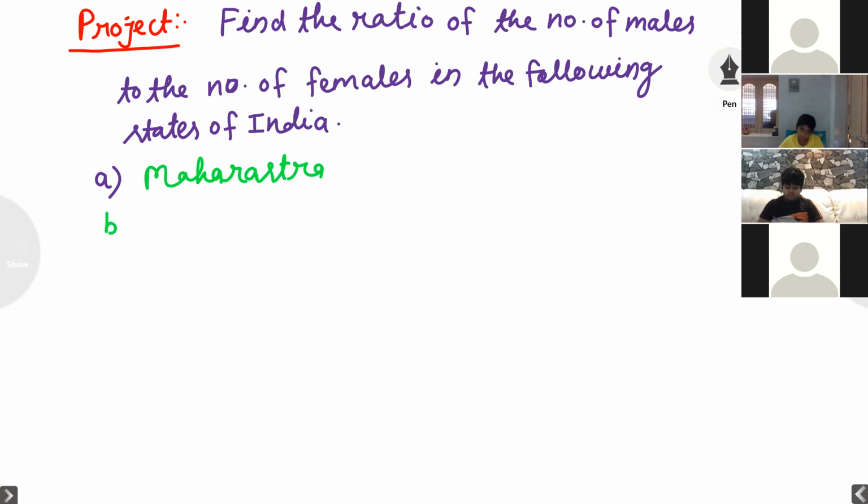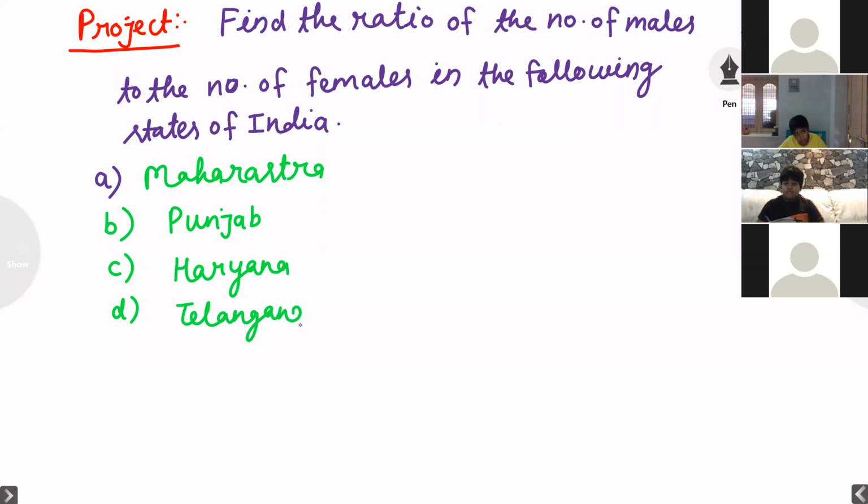Second state, Punjab. Third, Haryana. Next, Telangana. Next, Uttar Pradesh. Next, Kerala.